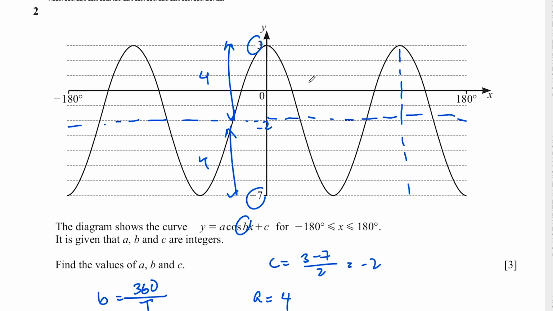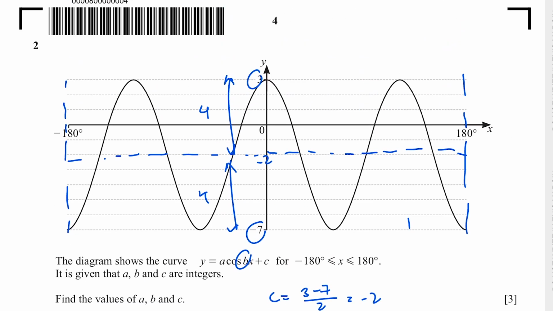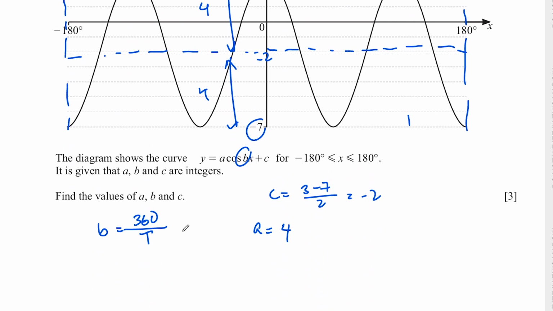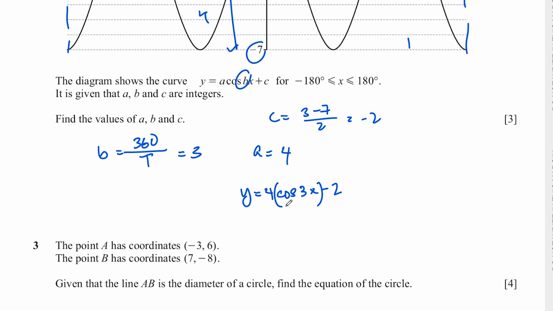It's not so clear, but you can take how many graphs are within here. From here there's 1 cycle, here to here there's 2 cycles, here to here there's 3 cycles. 3 cycles within 360, so instantly we know that B will be 3. So this graph will be 4 cosine 3x minus 2. That will be the graph.